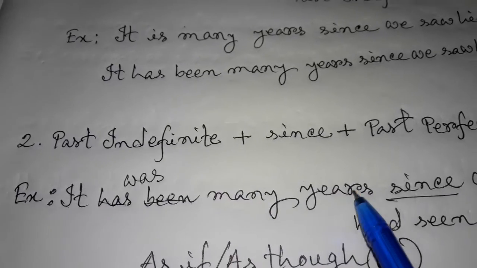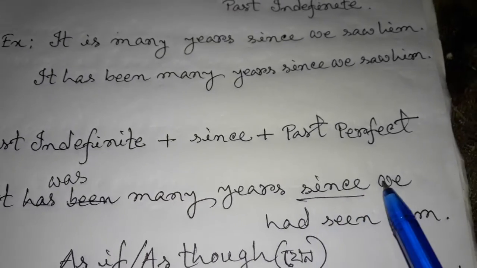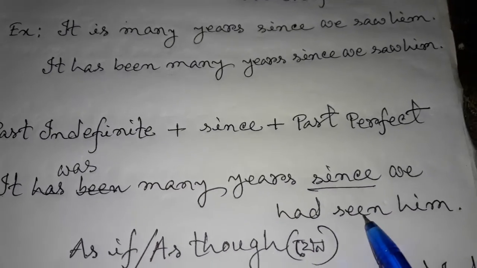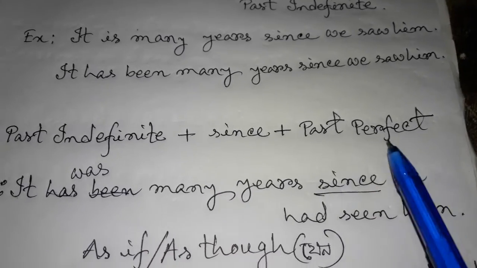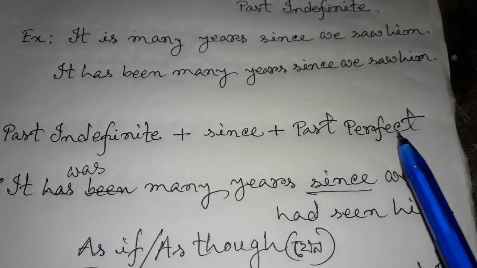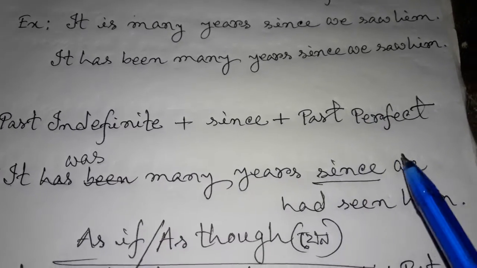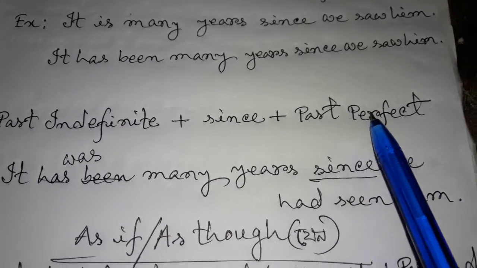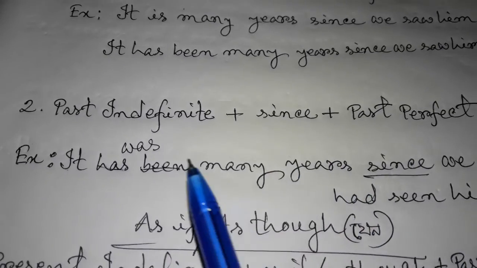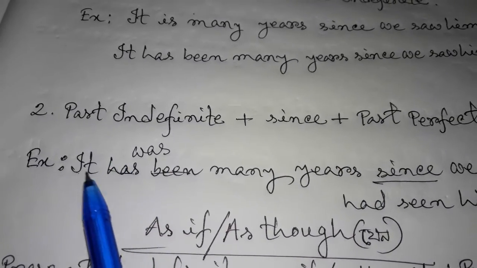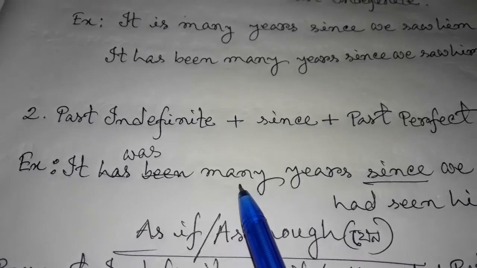It was many years since we had seen him, example of past perfect. After since we have used the structure of past perfect, and before since we have used the structure of past indefinite tense.